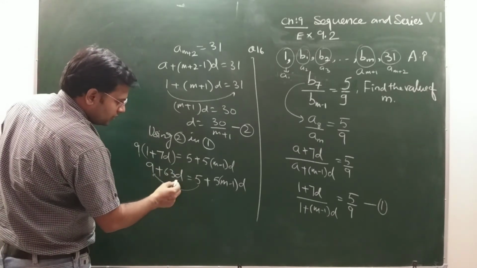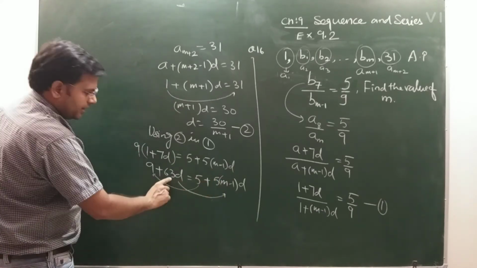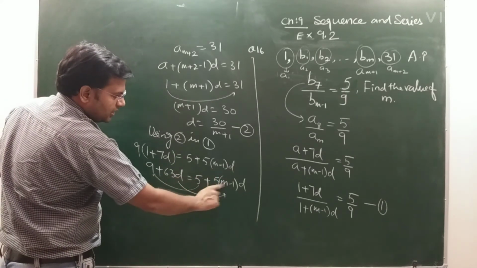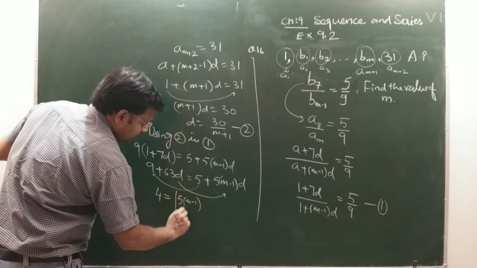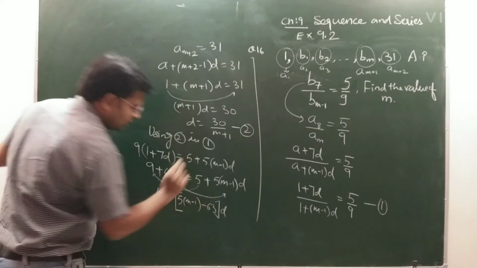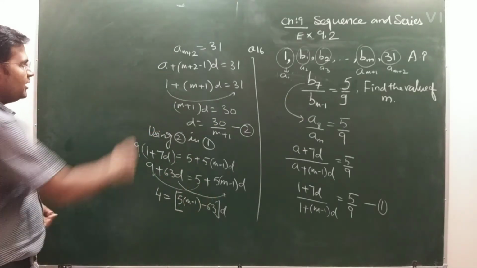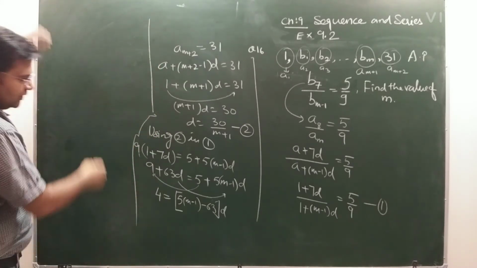So you can bring it here, and take this side. So this is 4, and this is 63d. This is 5(m minus 1), and 63 you can take this side, and this is d. Now you can simplify and find the value of m. You see how?